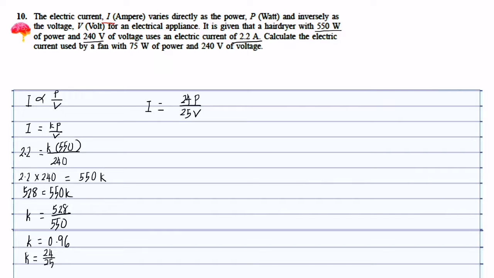After we have the complete equation, now we calculate the electric current used by a fan with 75 watt of power and 240 volt of voltage.